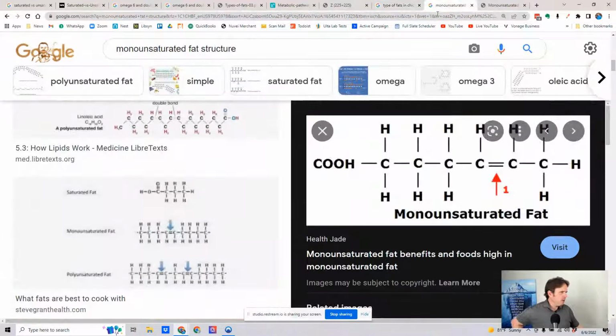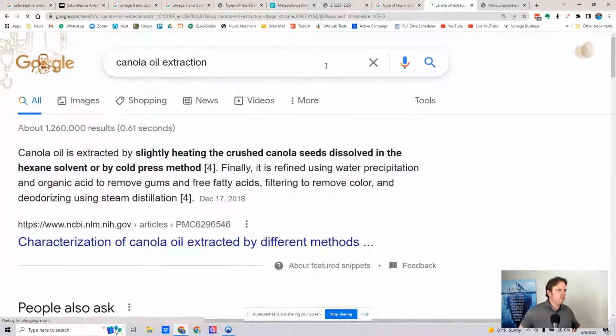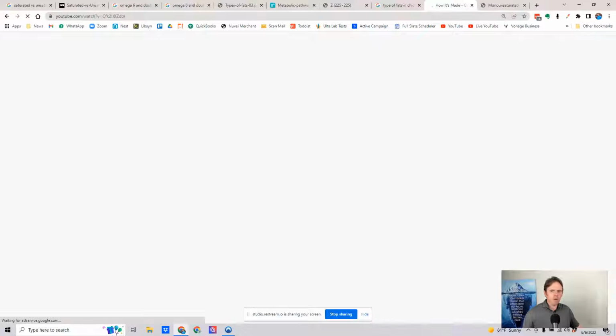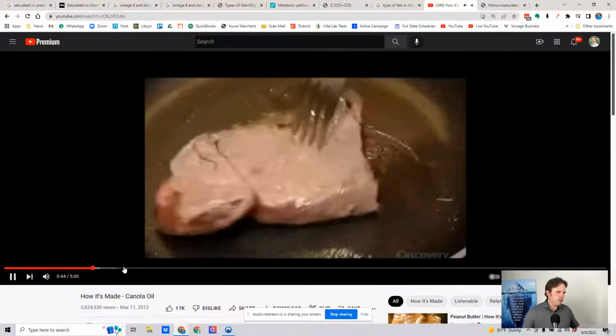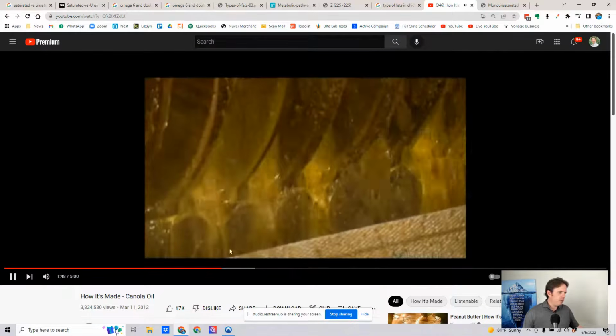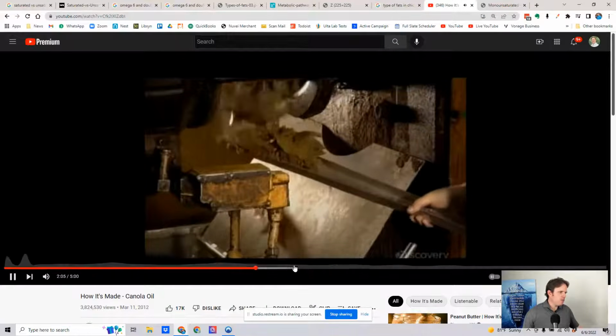There's an excellent video here. If you go on to YouTube, type in canola oil extraction. It is pretty insane, this video. You want to see canola oil in process and what the extraction process looks like. It is just nasty. So they're heating it, they're boiling it. There's a massive amount of filtration. Look at the sludge that comes out right here.